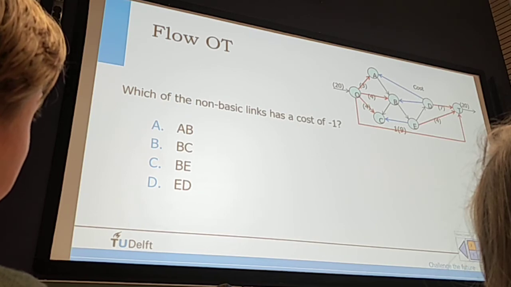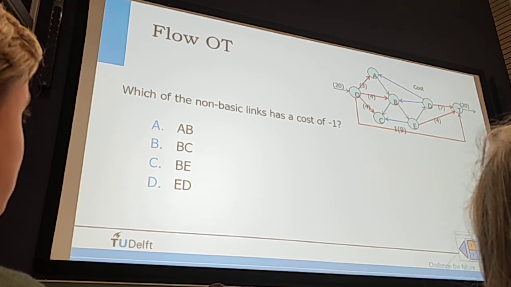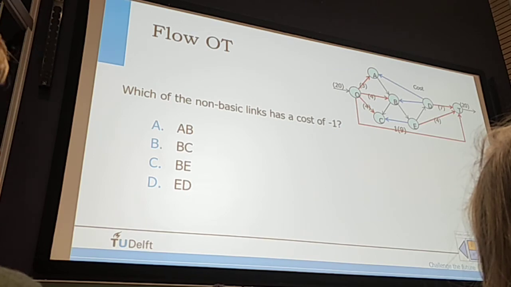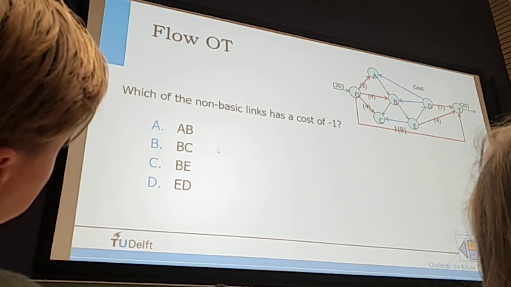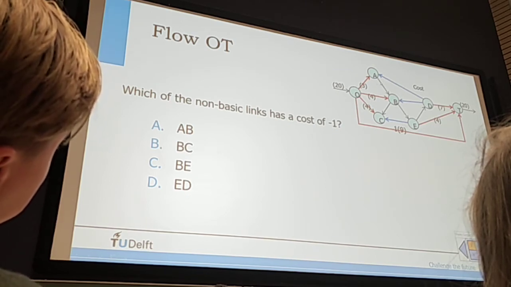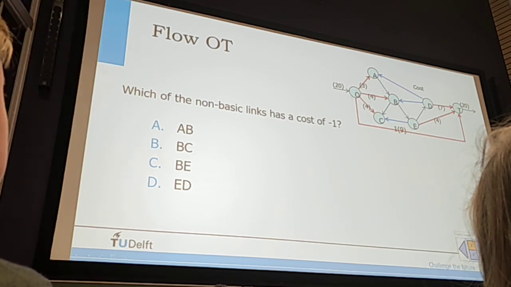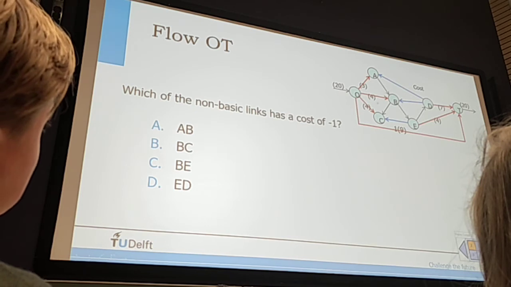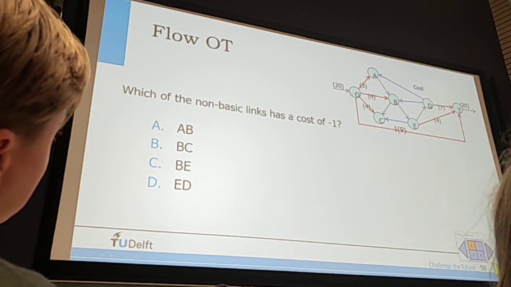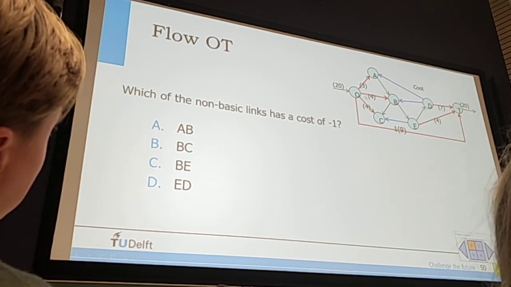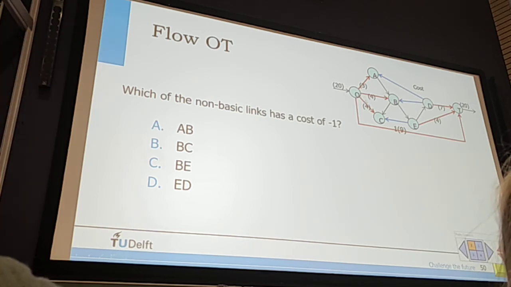So if you look at the non-basic links, if we have A and B, adding a flow here will not do anything. It will only change over this cycle. BC, if we change it here, it will remove it from OC and add it to here.